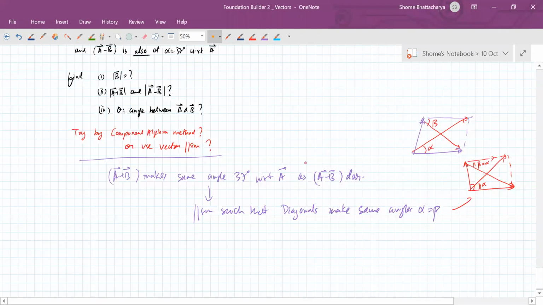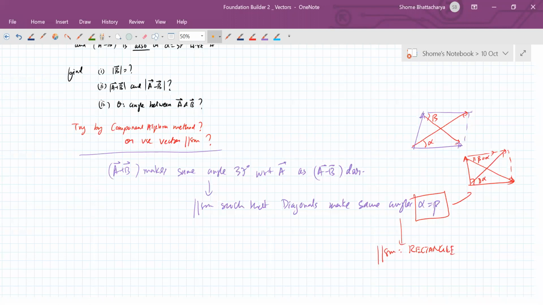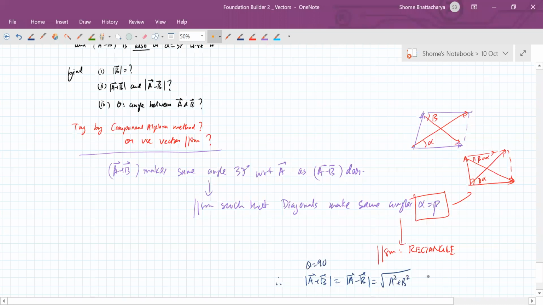So the moment we know that, mod of A plus B is equal to mod of A minus B is equal to root of A square plus B square, because first of all theta is equal to 90 degrees, and alpha is equal to beta equal to tan inverse B by A.